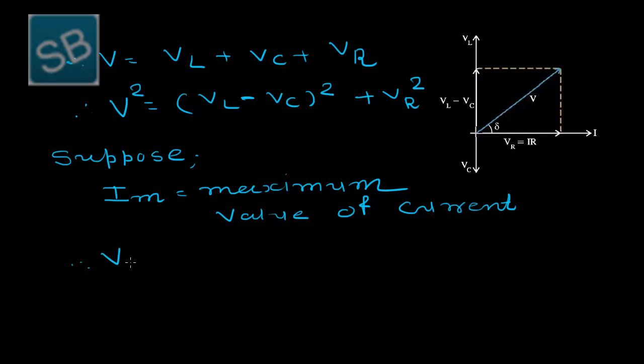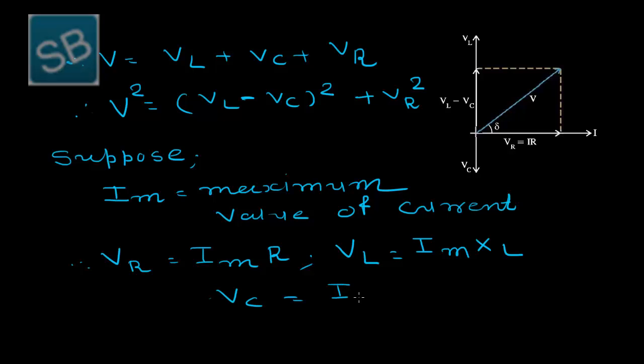and the voltage across the resistance I can write as Im into R. Similarly, the voltage across the inductor is Im into XL, because it is the magnitude of reactance, and similarly the value of VC I can write as Im into XC. Now substitute all these values in equation number 2.